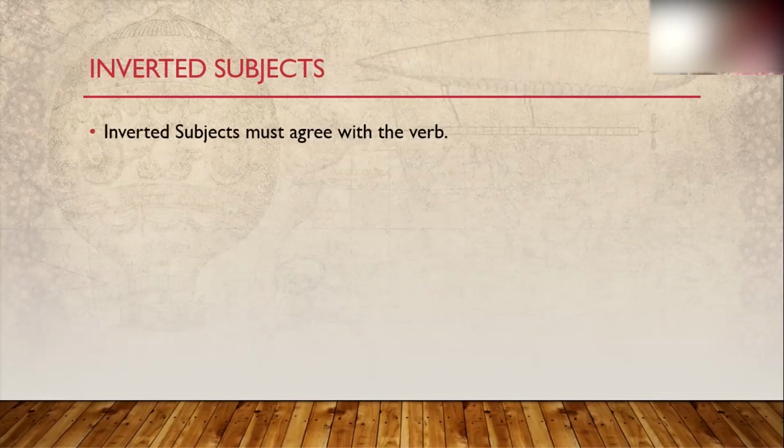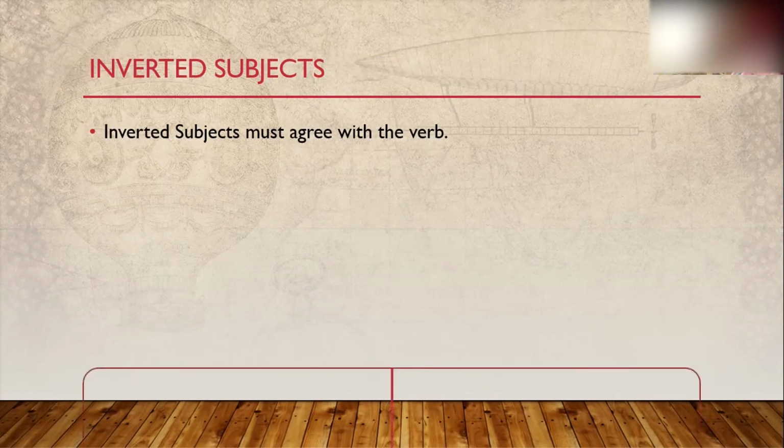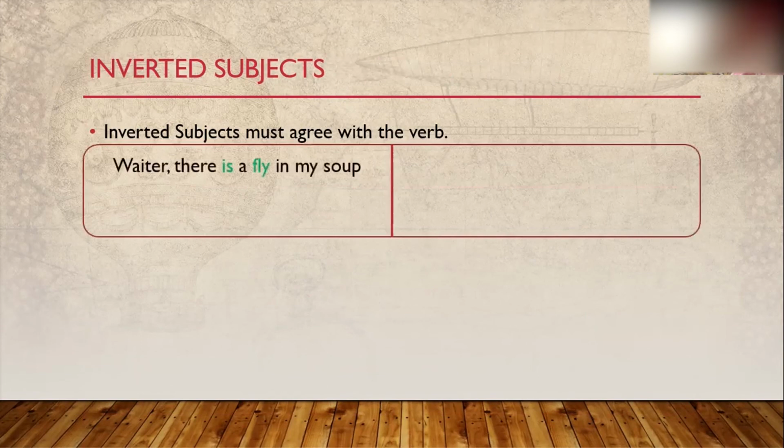Further moving on, inverted subjects. The subjects which come after the verb are inverted subjects. For example, waiter, there is a fly in my soup. In this example, is and fly both are singular.